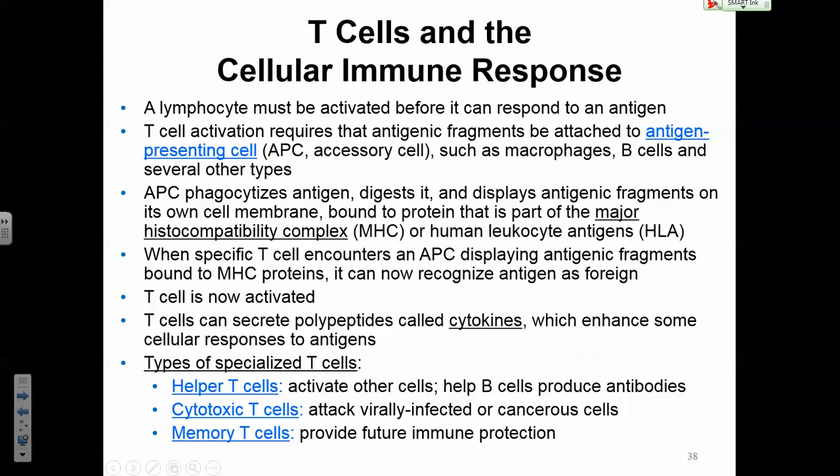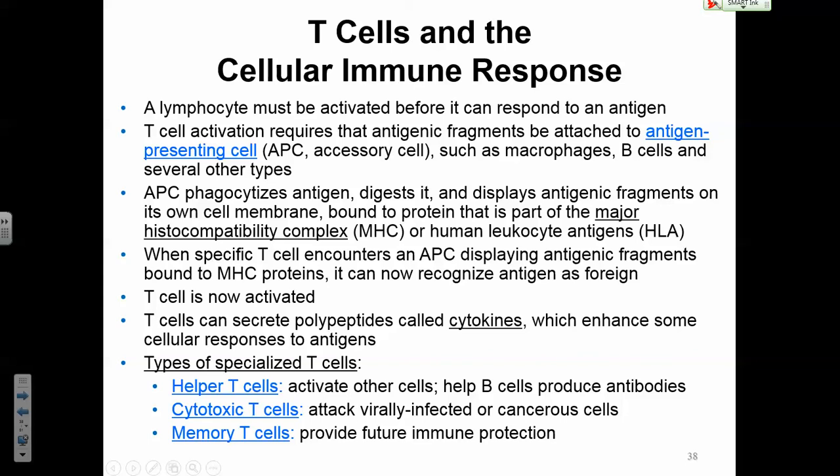It's the foreign antigen that happens to be on the surface of one of the person's cells. That's weird. Whereas the B cells get activated by just the antigen sitting out there in your body fluids. It may be on the surface of a pathogen, but it's not on the surface of one of that person's cells. Whereas the T cells get activated when it's on the surface of that person's cells. That sounds weird, doesn't it?